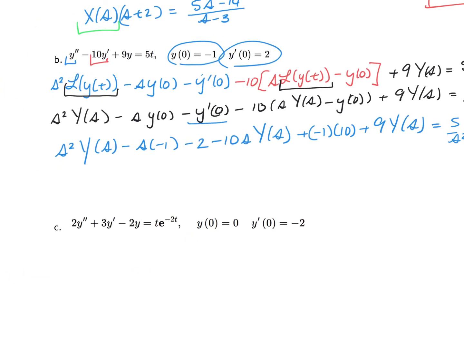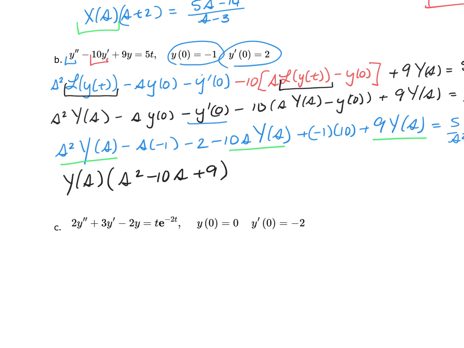Now I'm going to collect up all my capital Y's and factor them out. This one has a capital Y, this one has a capital Y, and this one has a capital Y. So I have capital Y times s squared minus 10s plus 9.